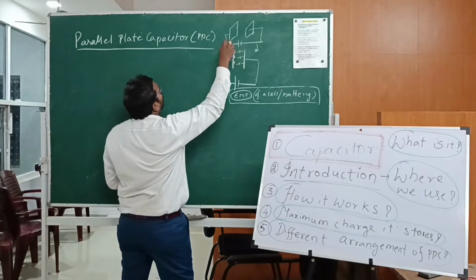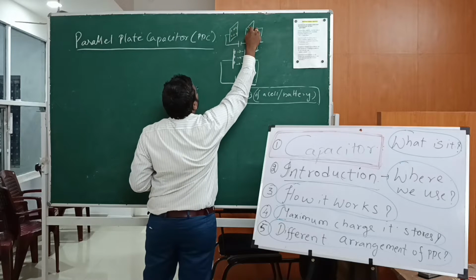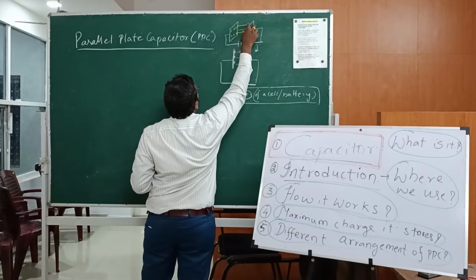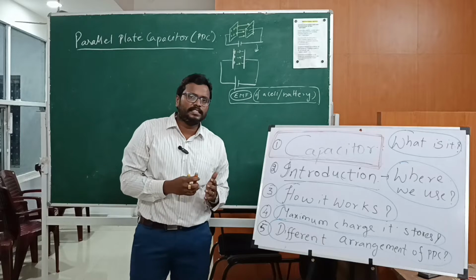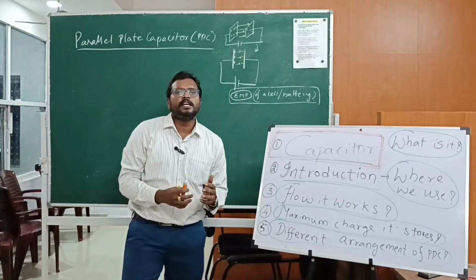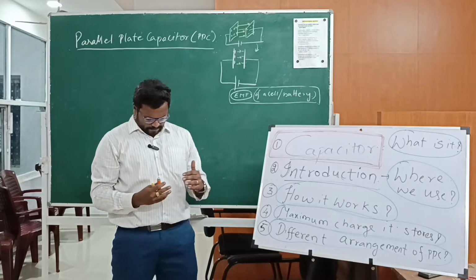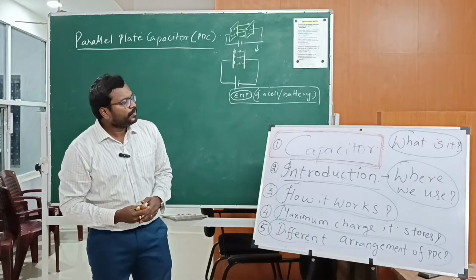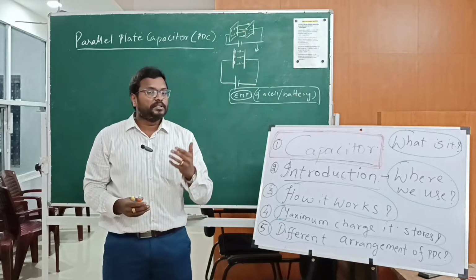There is a positive charge stored on one plate, a negative charge on the surface of the other, and there is an electric field between these parallel plates. So that is what a capacitor is: an electric device which stores charges, or we can also say it stores electric field energy.